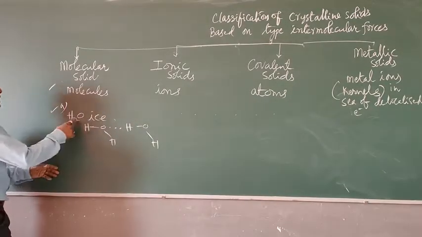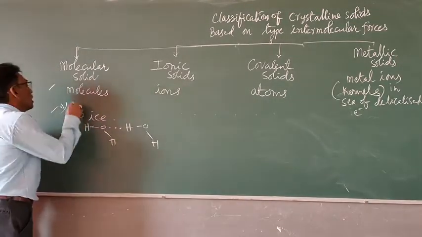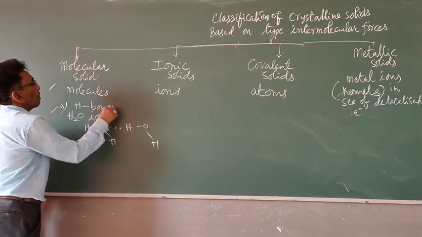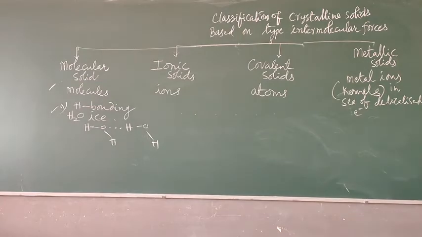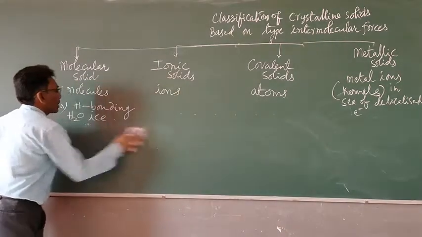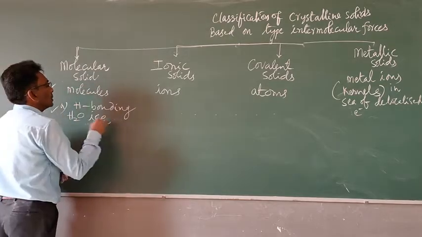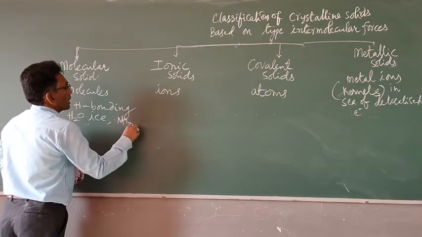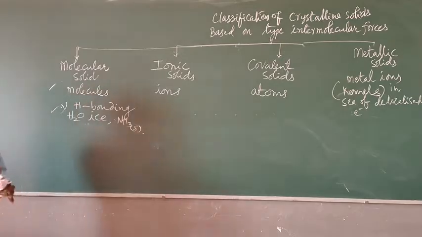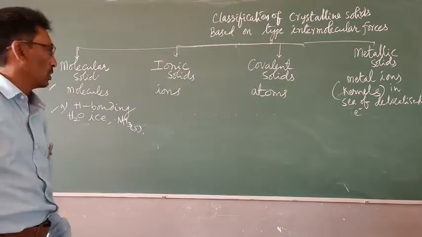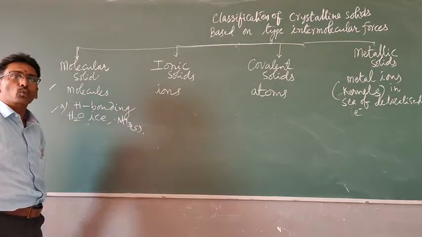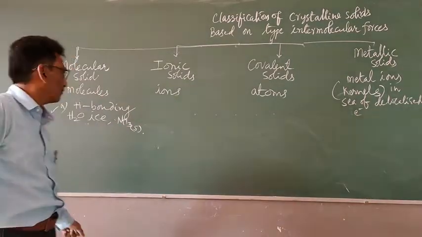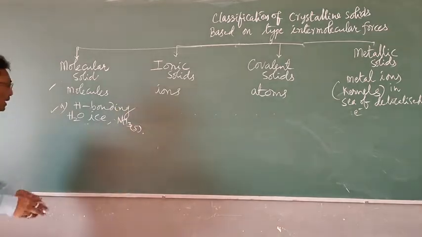The force in this type of H2O is hydrogen bonding. Hydrogen bonding is present in ammonia as a solid and water as a solid. What is present among ammonia molecules? Hydrogen bonding. Among water molecules in the form of ice, the forces operating are hydrogen bonding.